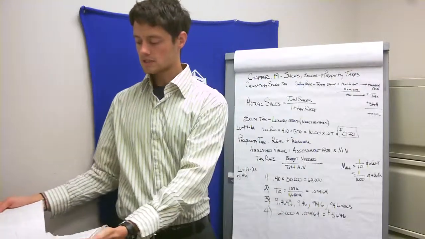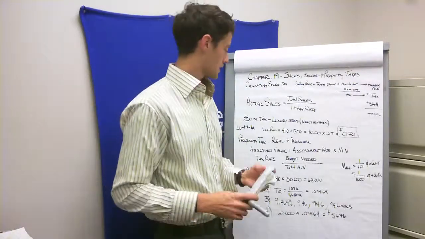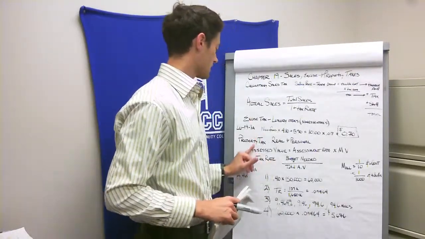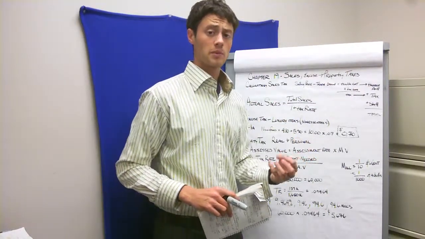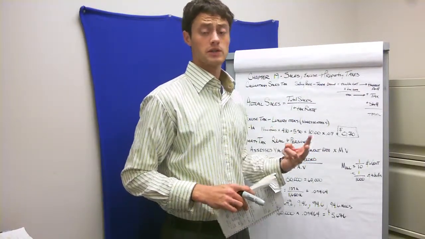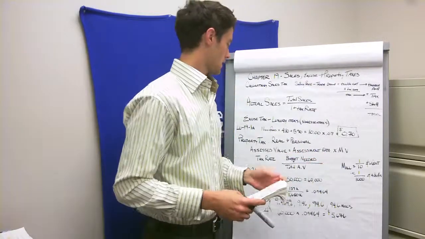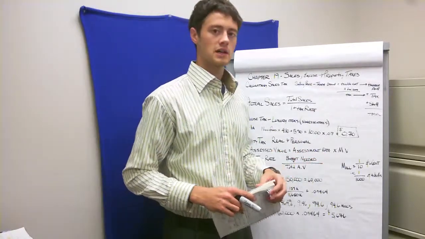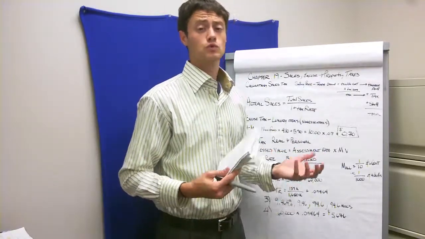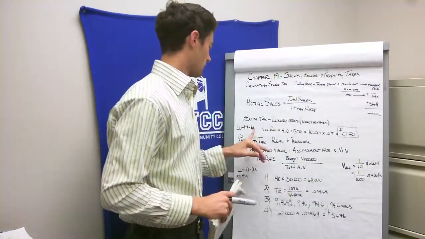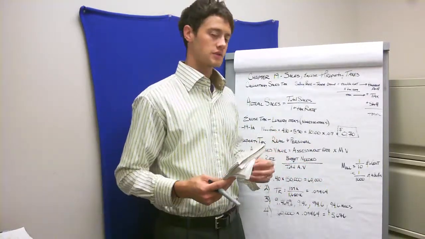The next part is sales and personal property tax. Property tax is on real property such as land, a building, a home, or a cabin, and personal property tax is on items like jewelry. So how do we figure that out?